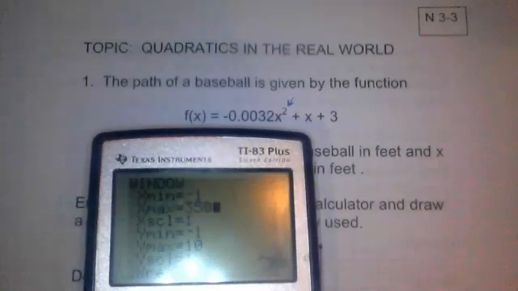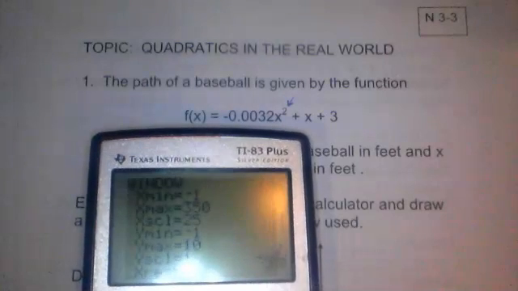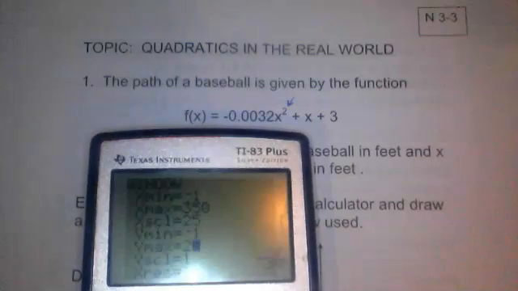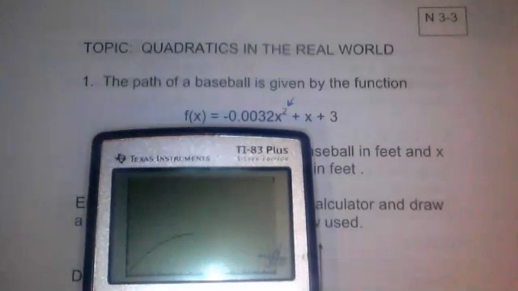So I'm going to start with 350, and change the scale to maybe 25. How high it goes just depends on how they hit it. We'll say 200, and again, I'm going to go by 25. So let's just see what we get.